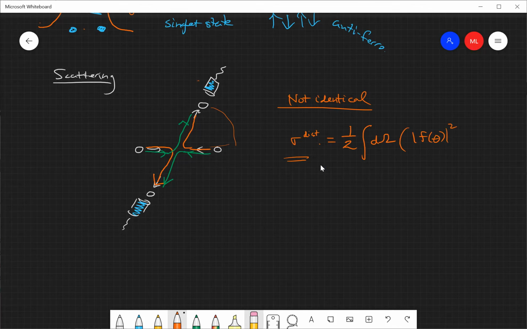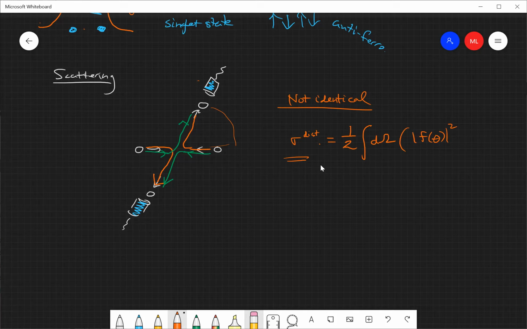And if we think about a single particle, the difference between the orange path and the green path is just a factor of pi minus theta, right?